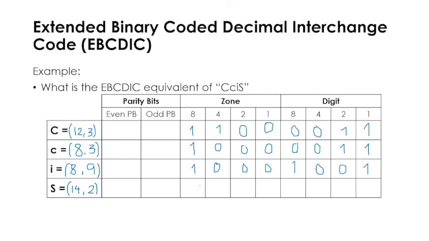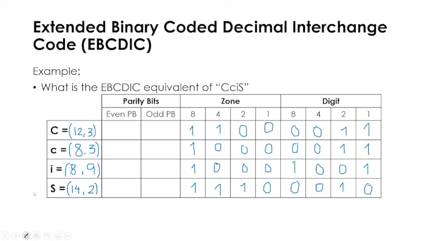And lastly for letter S, the zone is 14. So we will have 1, 1, 1, 0. Because 8 plus 4 plus 2 is equals to 14. And for its digit, it is 2. So we have 0, 0, 1, 0.